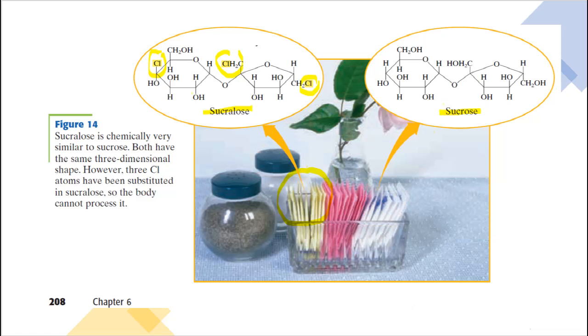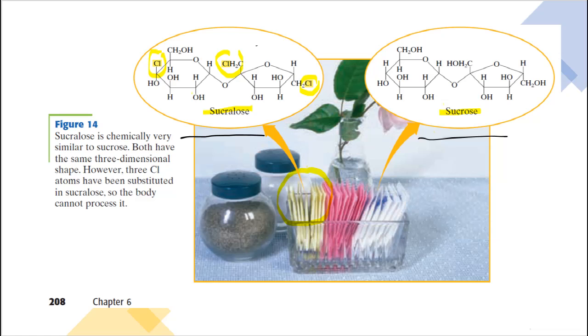Okay, so here's the idea. What you're looking at are the Lewis structures of two molecules we're very familiar with. On the right, we have sucrose. Sucrose is common table sugar. On the left, we have a copy of table sugar called sucralose.